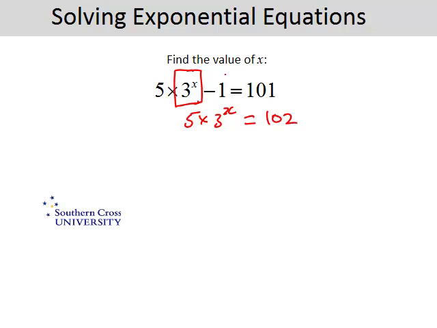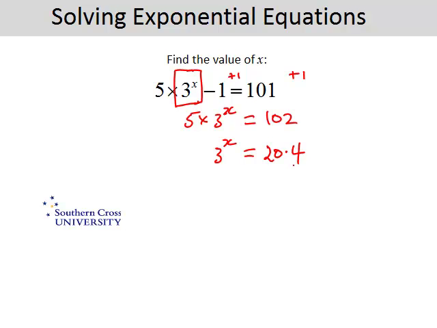So I'm going to have to add 1 to both sides here. So 5 lots of 3 to the power of x is 102. Now to get 3 to the x on its own, I'm going to need to do the opposite of multiplying by 5, which is divide both sides by 5. And that will come out at 20.4.